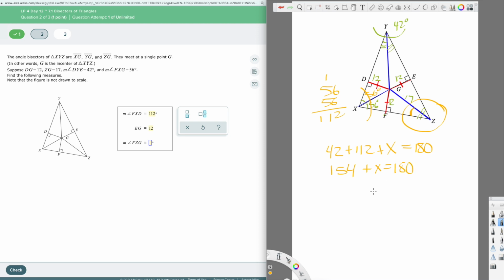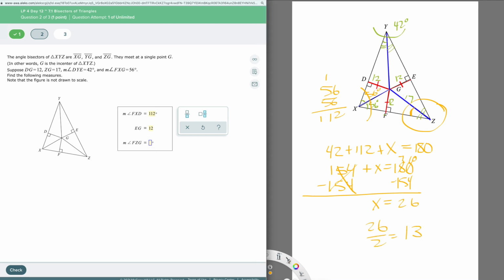We subtract 154 from 180, so x equals 26. We only have 26 degrees left for the entire angle. Remember, there are two of them there, and I only want half of that angle. So I divide 26 by 2 and I get 13. So this is only a 13 degree angle.